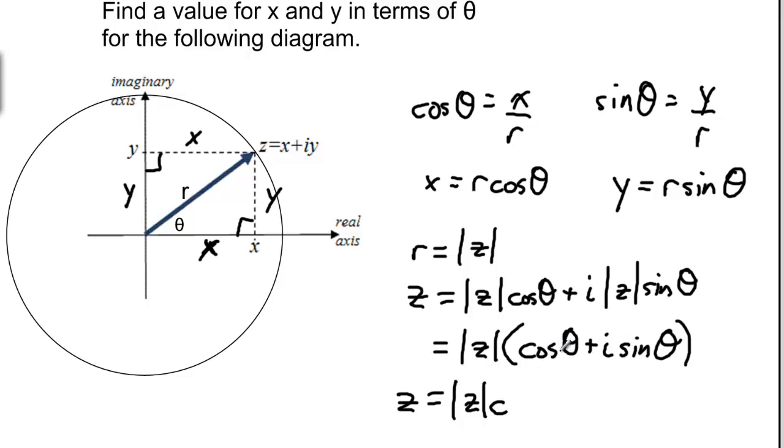They take the c for cosine, they take the i for i, and they take s for sine. And theta is the angle. And that's what we call cis theta. So any complex number can be written as the modulus of that complex number times the cis of theta, which is really cosine theta plus i sine theta.